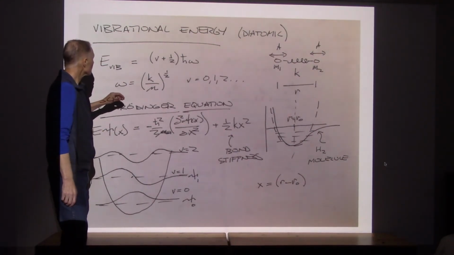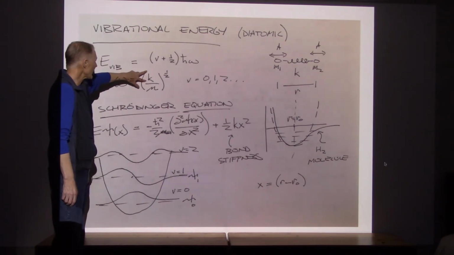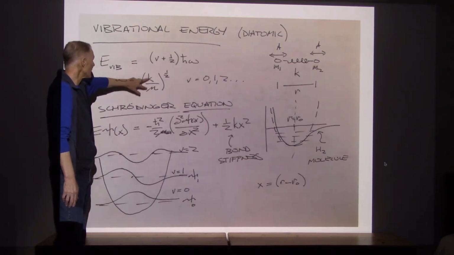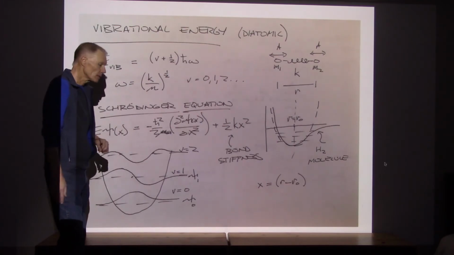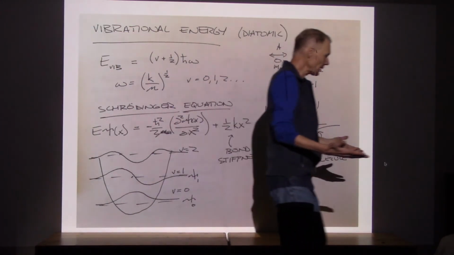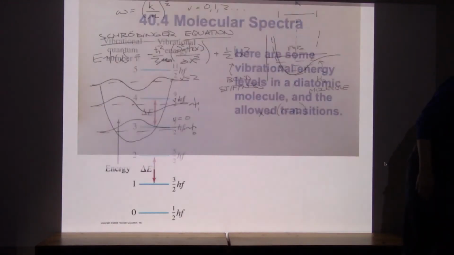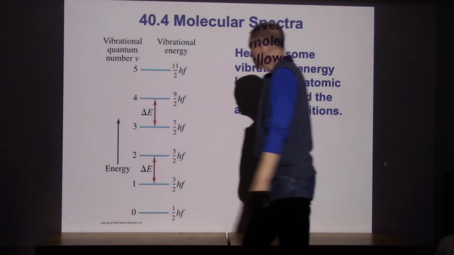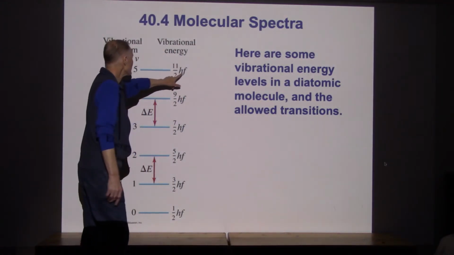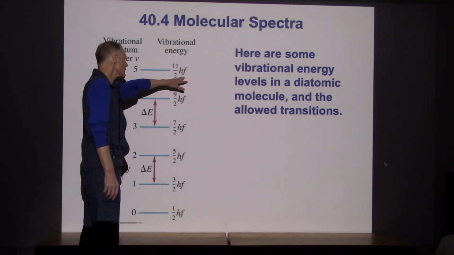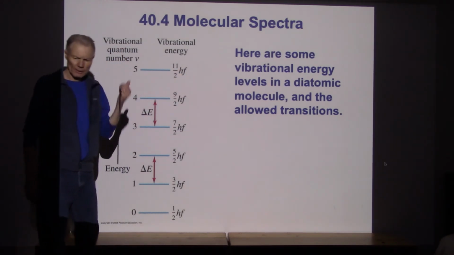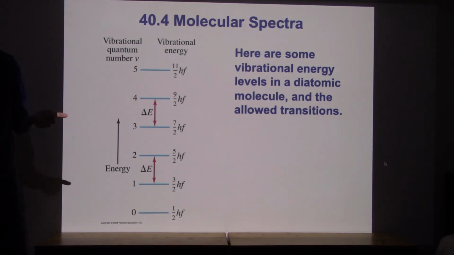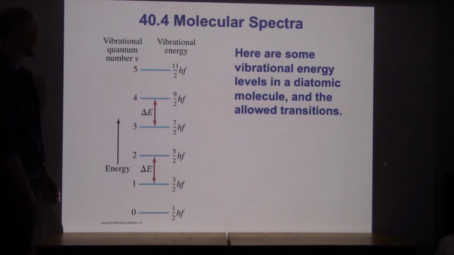We can think of that in terms of bond stiffness and the reduced mass we've already taken a look at. So that's what the energies are going to depend on. Where you see the frequency, that variable depends on how stiff the chemical bond is, and it depends on what the reduced mass is for the nuclei in our diatomic molecules.